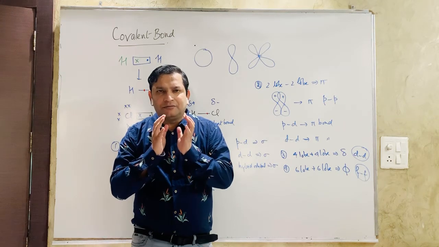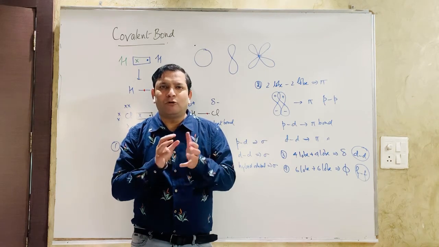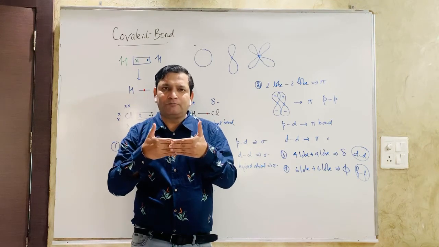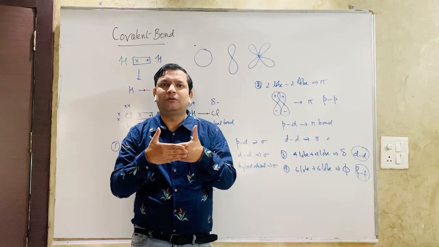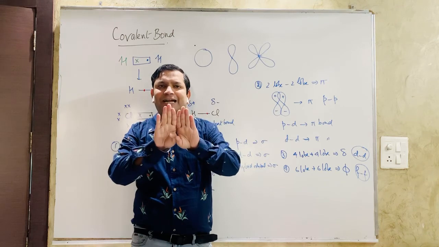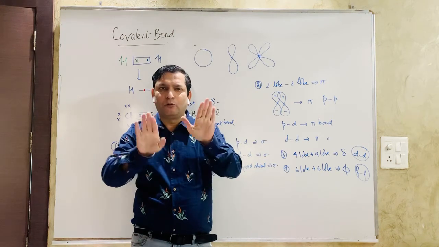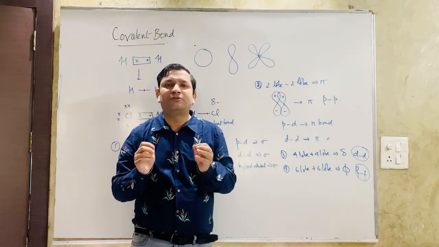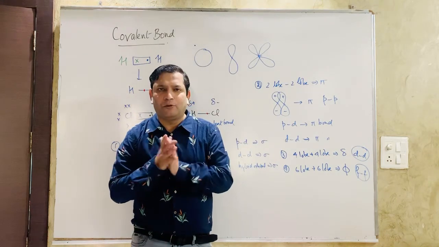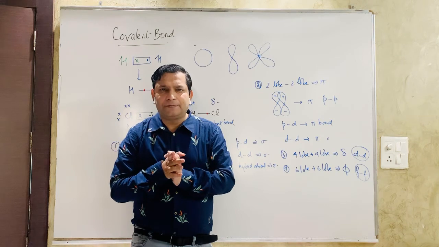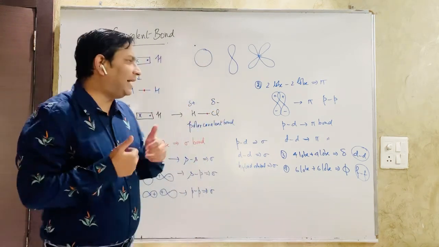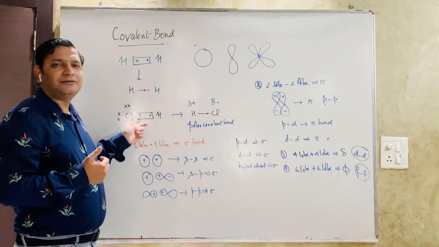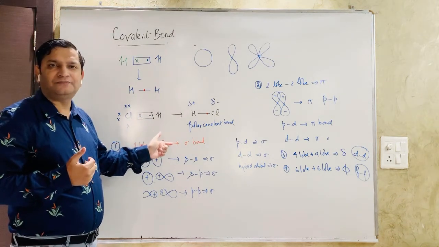And these atomic orbitals, when they overlap, can overlap with one lobe, coaxially, to form a sigma bond; two lobe, laterally, to form a pi bond; 4 lobe to form a delta bond; and 6 lobe to form a phi bond. So we will just end our discussion right over here and start dealing with the first case, sigma bond, in the next lecture. Thank you very much.